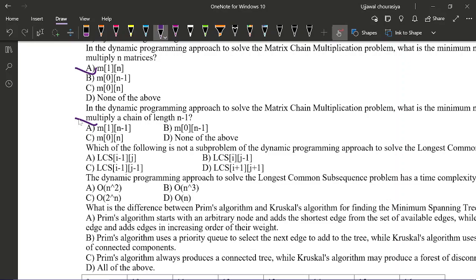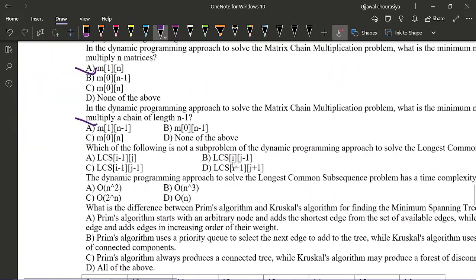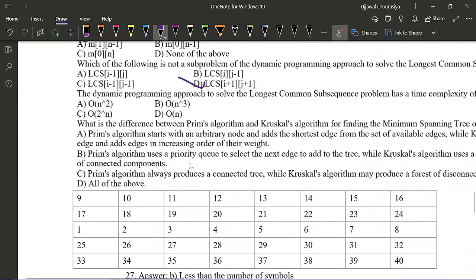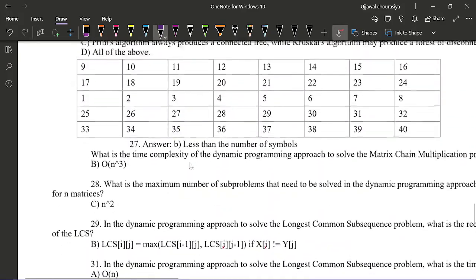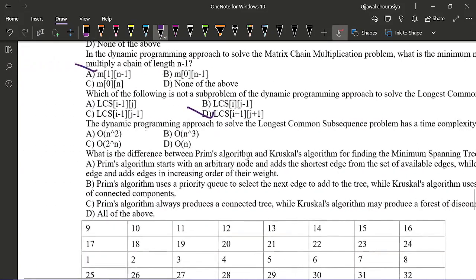Which of the following is not a subproblem of the dynamic programming approach to solve longest common subsequence? Answer D. The dynamic programming approach to solve the longest common subsequence has a time complexity of order of n cube.